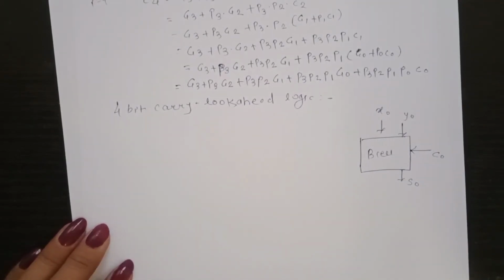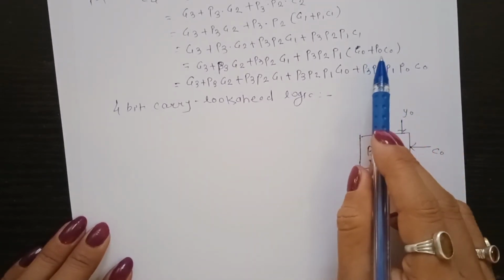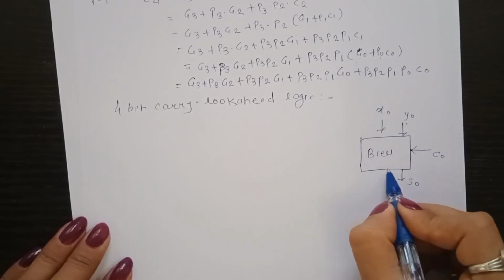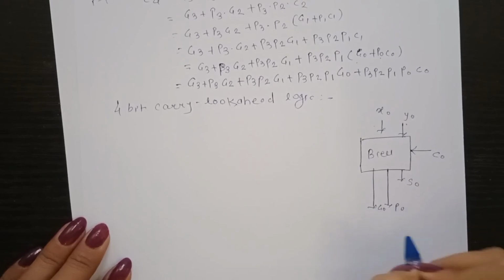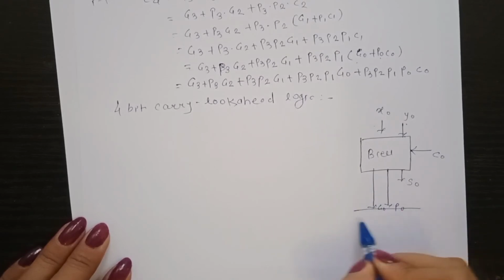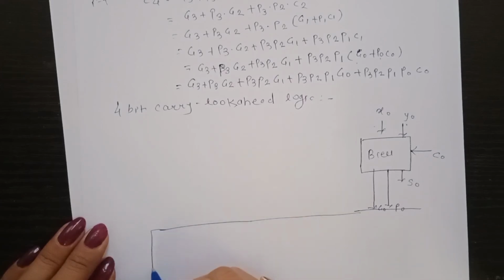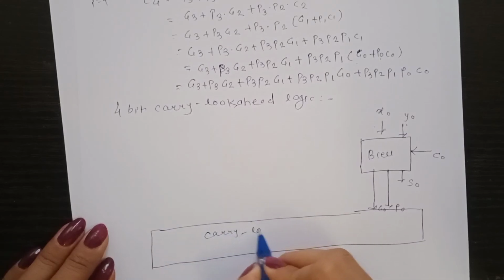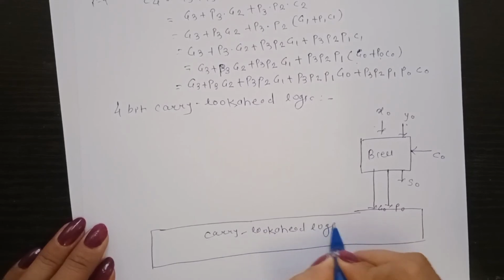Now here the only difference is what we are getting: G0 and P0 for input 0. So here we are getting P0 and this G0. Here is carry look ahead logic.